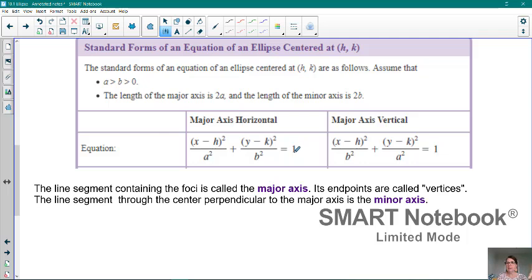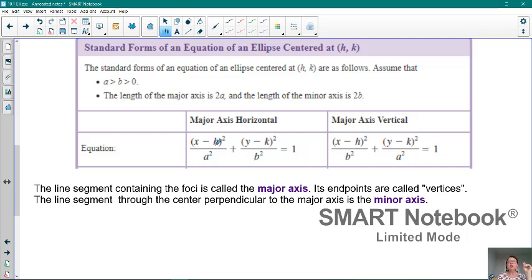All right, so let me kind of go back. The center will be (h, k), just like you're used to seeing. a squared and b squared are the denominators, and a is always the larger value. So if a is under y, then that means your y direction is longer. You have a major axis that is vertical. If a, the larger number, is under your x term, then you have a horizontal major axis.